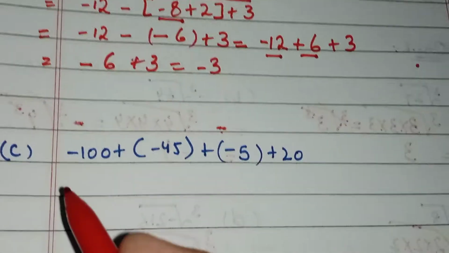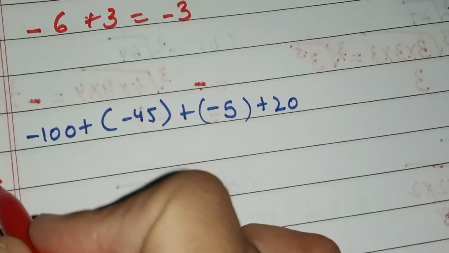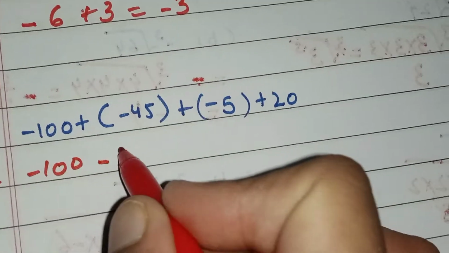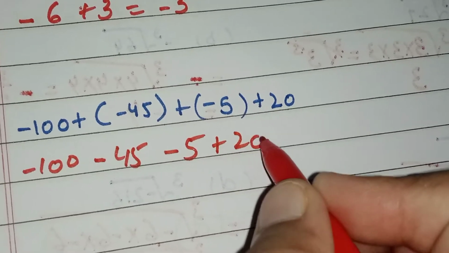Now question number 7 part C. Here I have minus 100 plus minus minus 45 plus minus minus 5 plus 20.